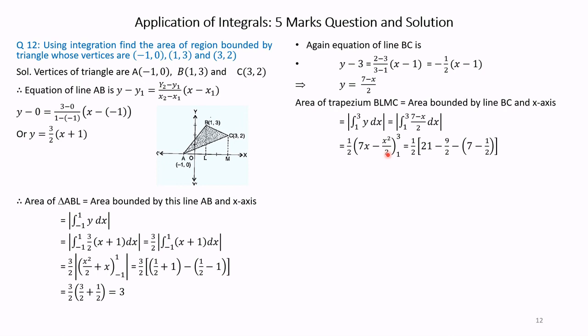Then again minus of the lower limit: 7 into 1 is 7, and again minus of half into 1 square, which is 1, minus half. Again simplifying, we get the area of trapezium BLMC is 5.